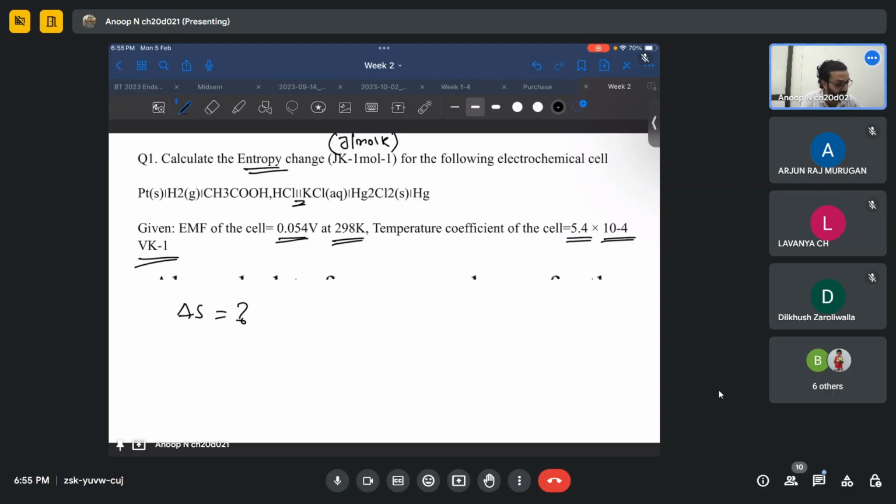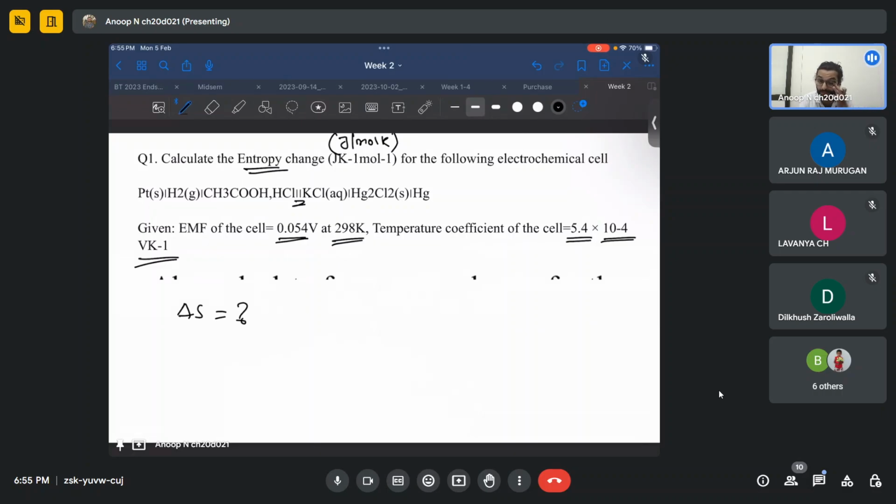Anyone? Are you able to figure out the equation? Anyone finish?